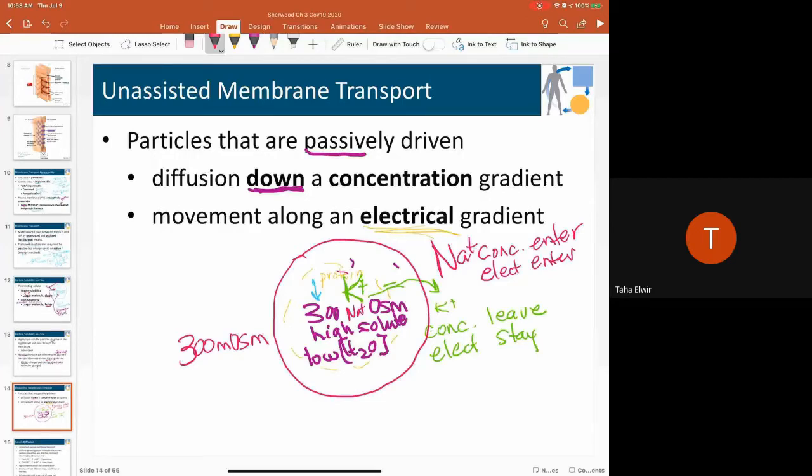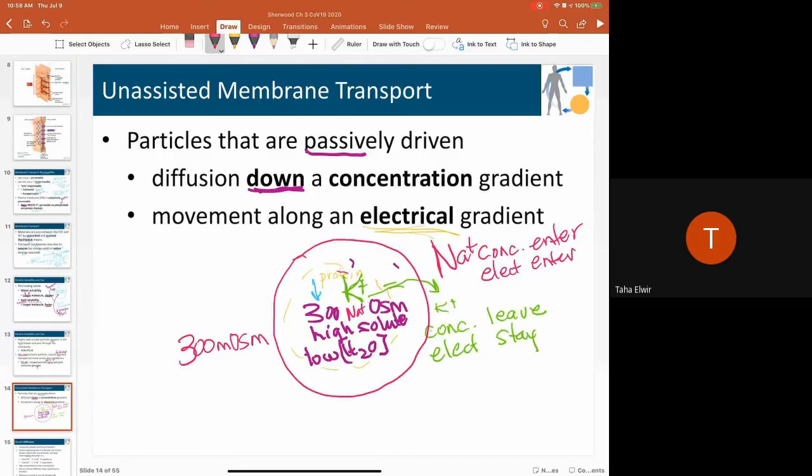Potassium has a tendency to want to leave due to its concentration gradient, but stay in due to its electrical gradient. Now, there's one more factor that we have to consider, and that's the overall permeability of the ions, and we'll introduce that later.